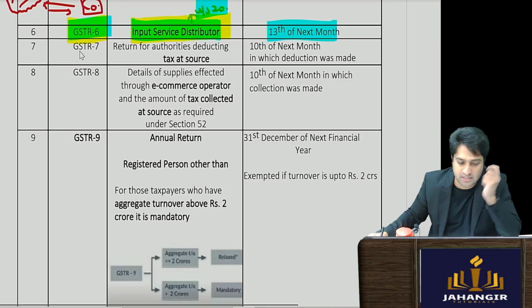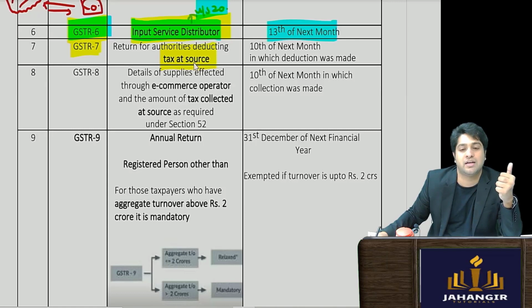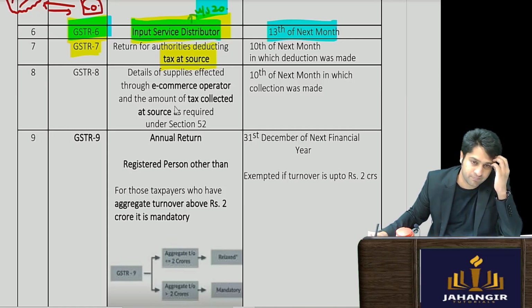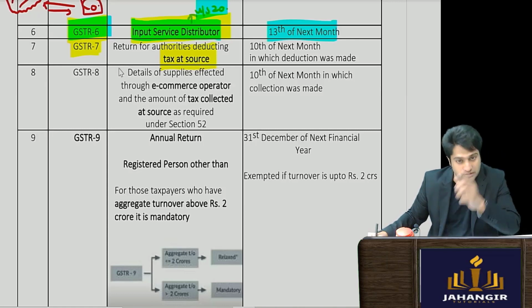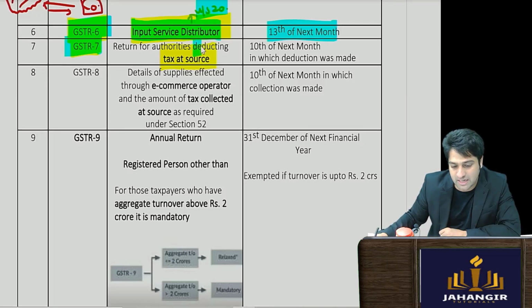If I go next, section number 52 and 53 talk about those who are required to collect TDS and TCS. Here we are seeing GSTR 7, which is the return to be filed by authorities deducting TDS.